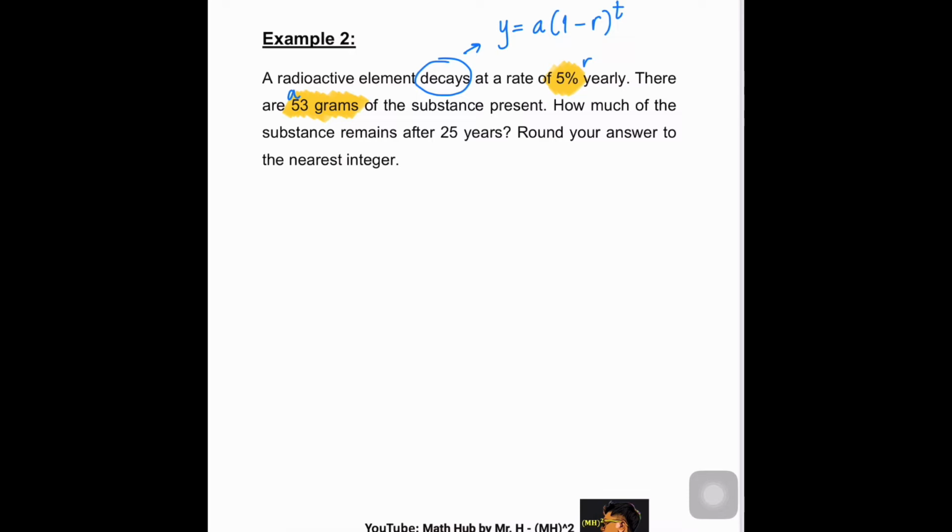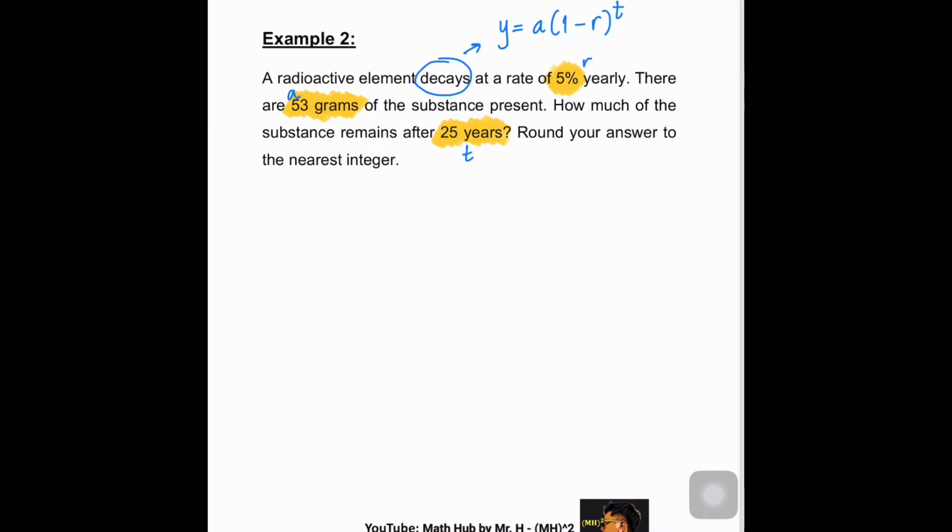We were given the time period, which is 25 years. The question is asking how much of the substance will remain after 25 years. So from 53, how much will be left after 25 years?